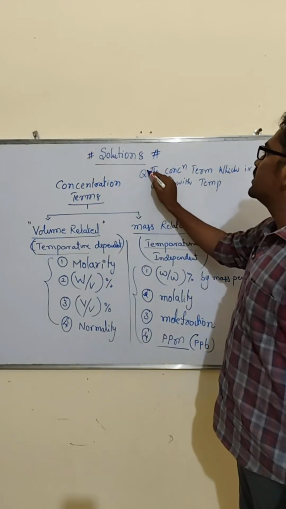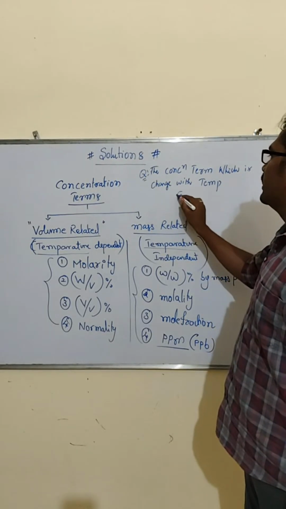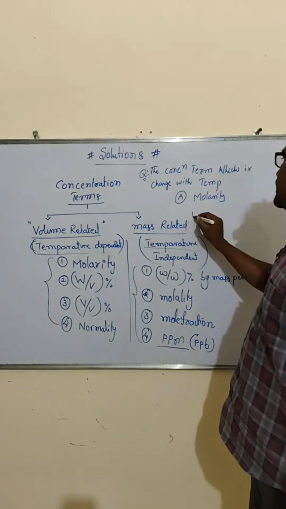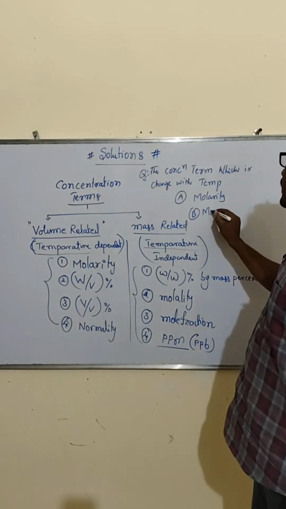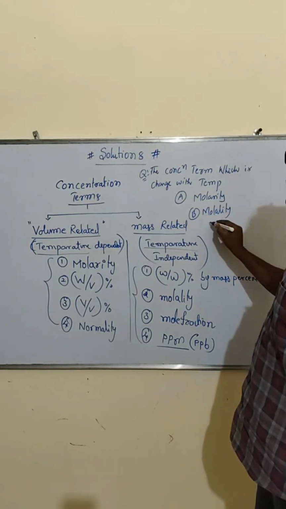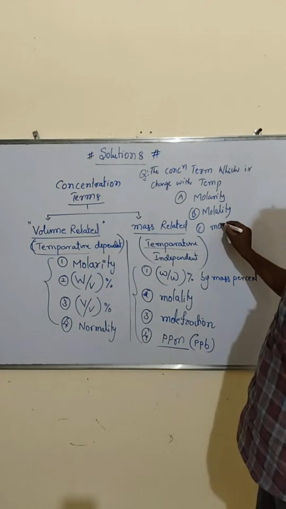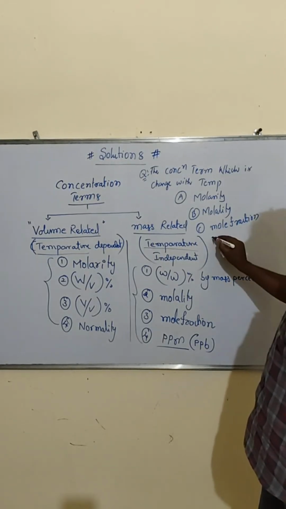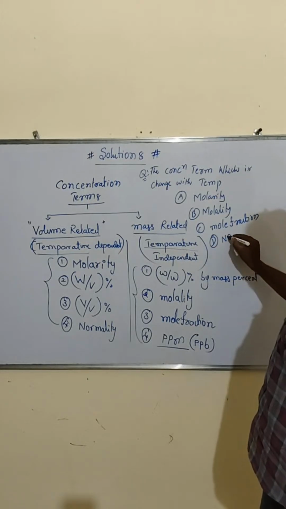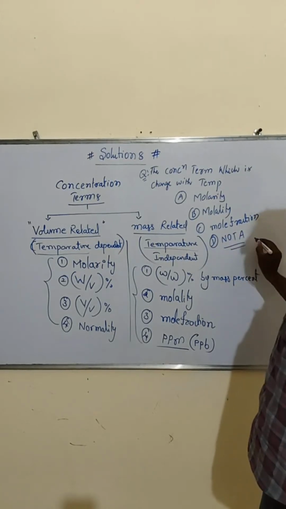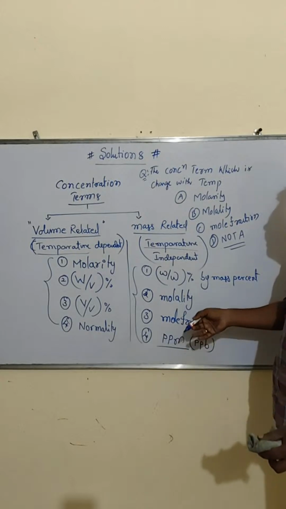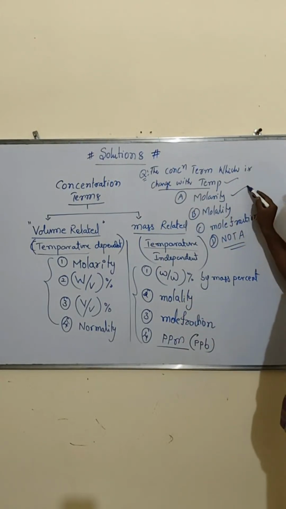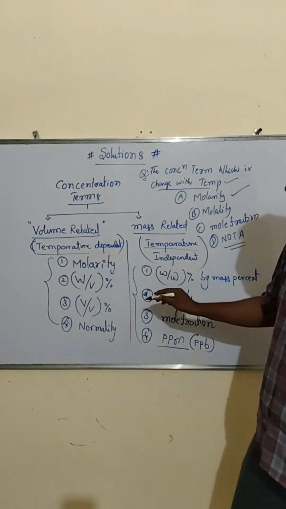Options: A is molarity, B is molality, C is mole fraction, D is none of the above. Molarity changes with the temperature because it is volume related.